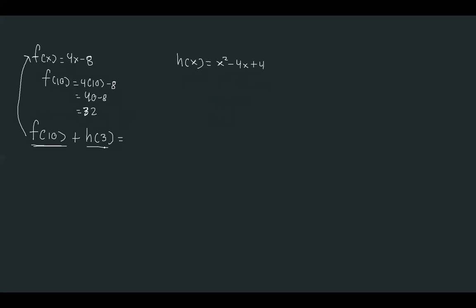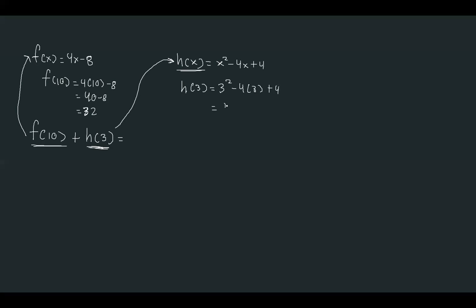Next, let's find h of 3. In h of 3, you're going to use this function, because when you say h of 3, that means you're going to use h of x, all right? So for h of 3, we substitute 3 for the input, so you have 3 squared minus 4 times 3 plus 4.